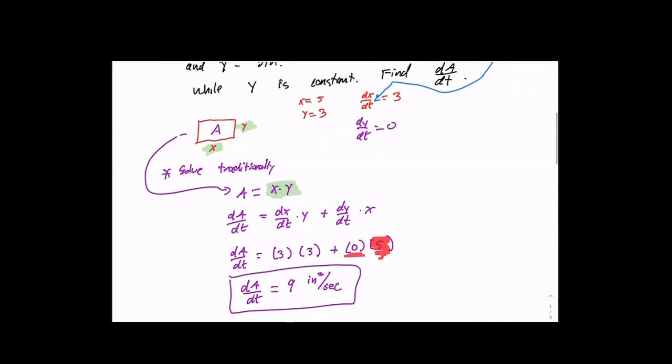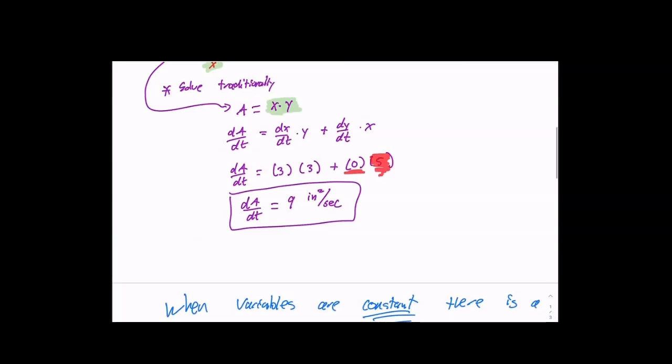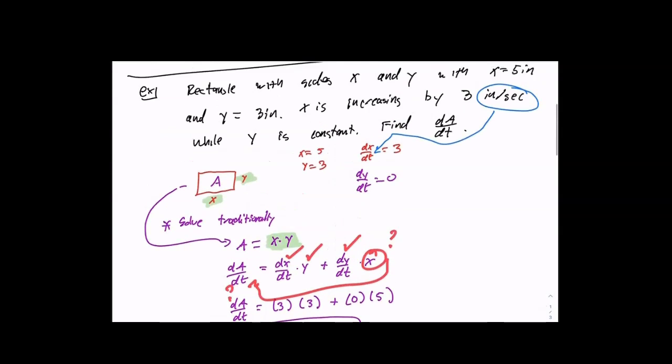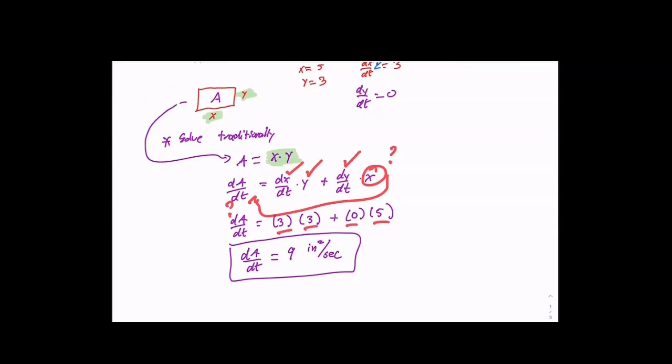A lot of students will look at this formula and say, okay, I know dx/dt, I know y, I know dy/dt, but I don't know x. Then they get confused and start trying to find x so that they can find dA/dt. But when you plug the information into the formula, you wouldn't even need x, because it's being multiplied by 0.